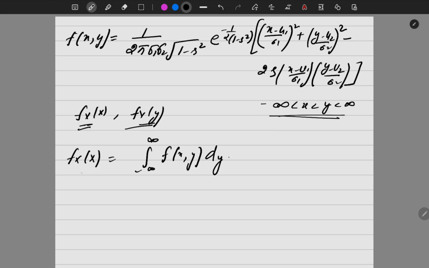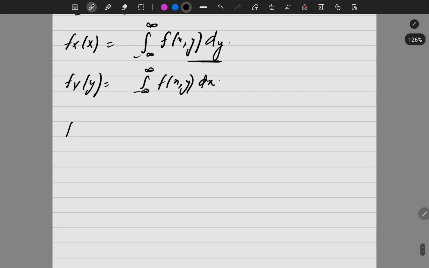When calculating the marginal of x we integrate over dy, and similarly, if we are calculating the marginal of y, we integrate over dx, right? The limits are the same, minus infinity to infinity.